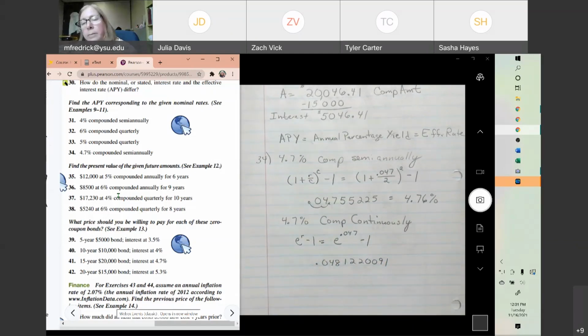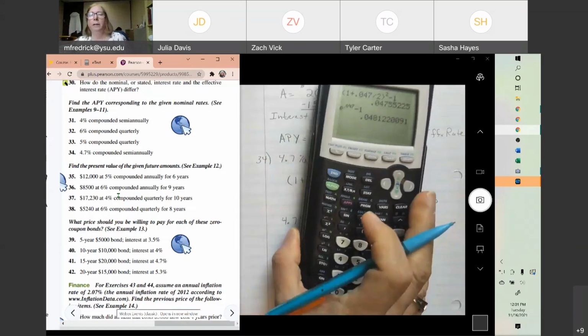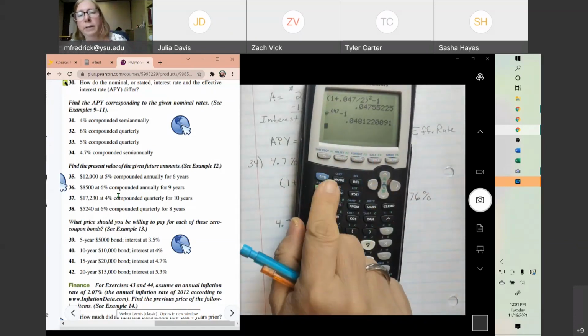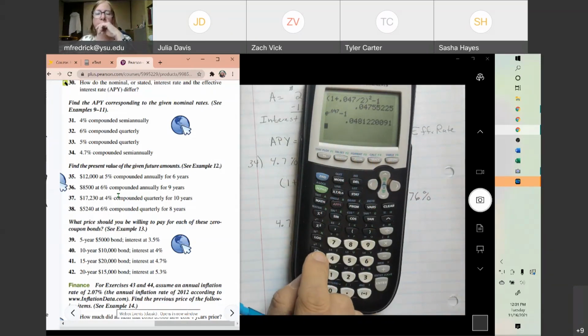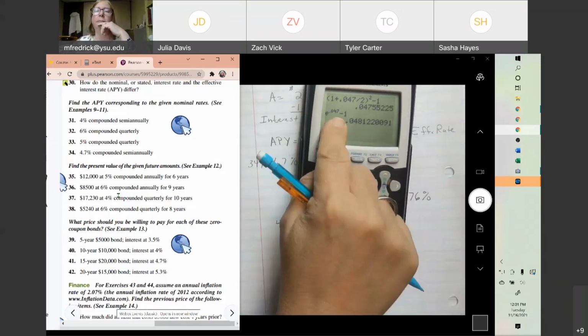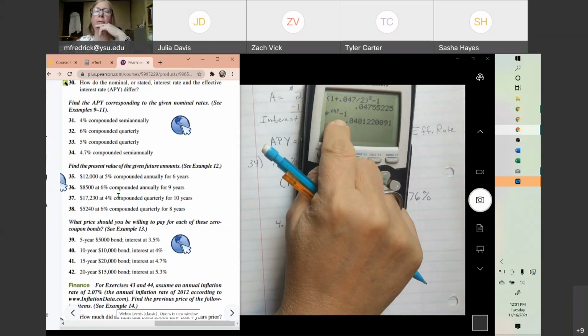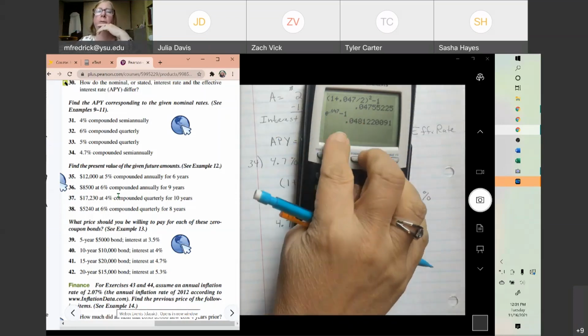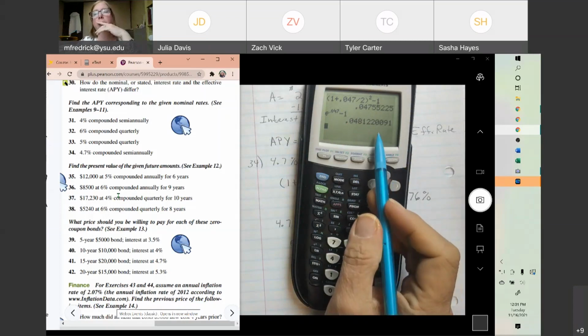So you should get this. Please double check that you're getting the right answer, and to get the exponential, it's the e to the x, so you have to hit second and the ln, and then make sure you come back down before you subtract 1, or close your parenthesis before you subtract 1. You should get this.